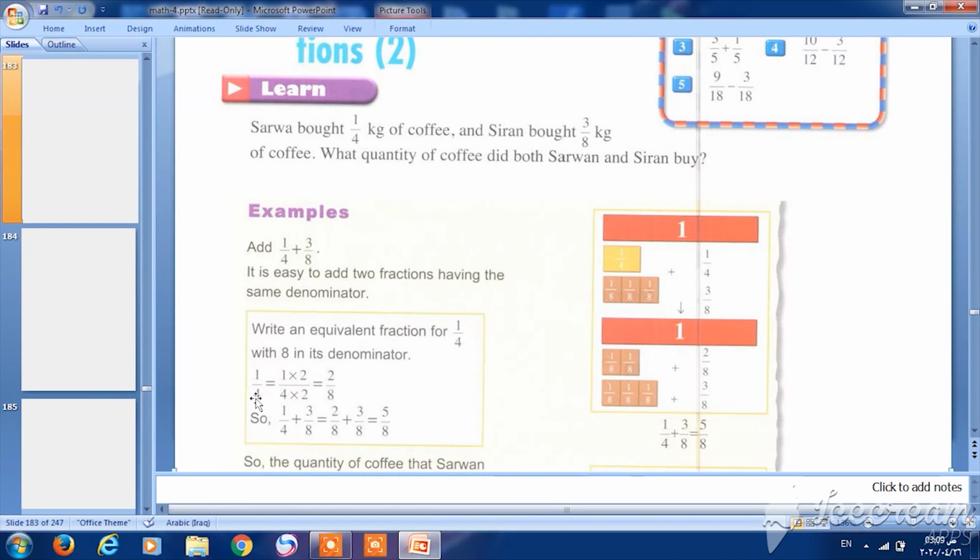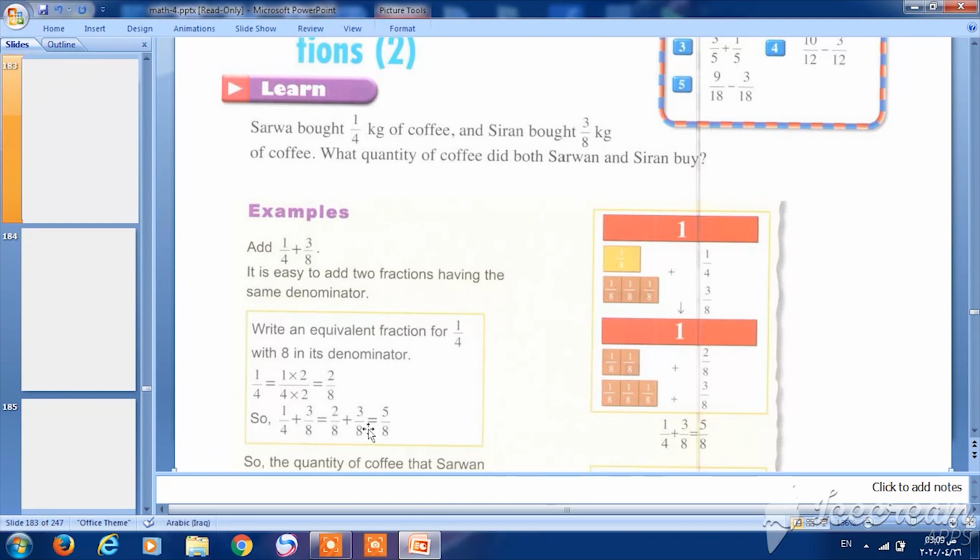So when you multiply the denominator, you must multiply the numerator also. 1 multiplied by 2 equals 2, and 4 multiplied by 2 equals 8. And you put this new fraction, 2 over 8, in place of 1 over 4.